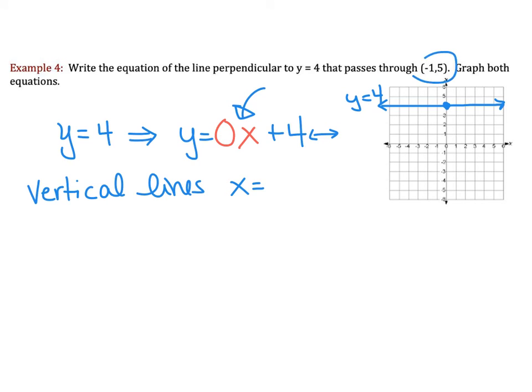Well, if it has to pass through the point -1, 5, that's an ordered pair, x, y, so it equals -1. So I'm going to graph my vertical line fixed at -1. And you can see, again, that they're perpendicular and that it goes through the ordered pair -1, 5, which is right here in red. So it fits the conditions.